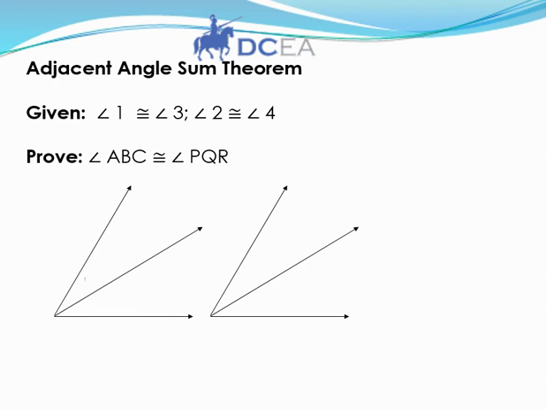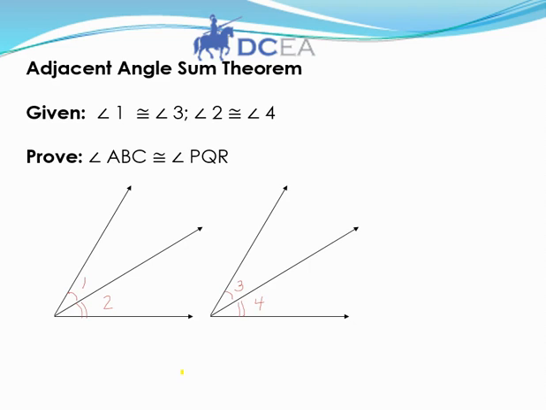So in this we have an angle 1 and we have an angle 3, and we know they're congruent, so we will make one arc in this angle to show that they are congruent to each other. We also know that angle 2 is congruent to angle 4. So this is angle 2 and this is angle 4, and we'll use two arcs to show that they are congruent.